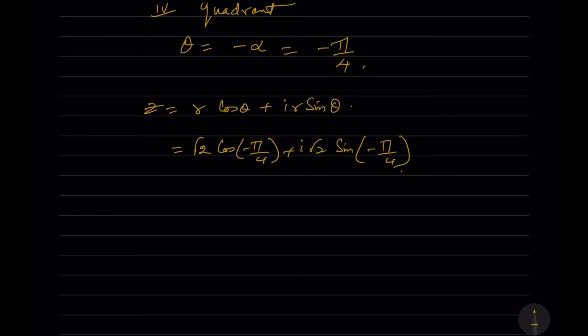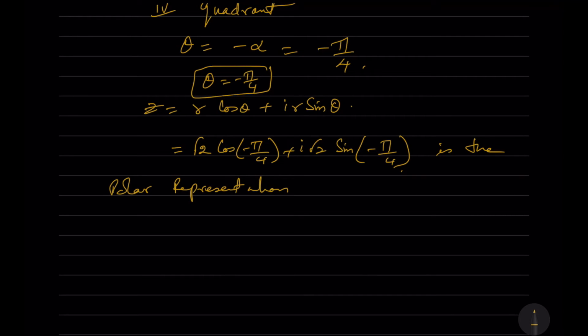So this is the polar representation of 1 minus i.